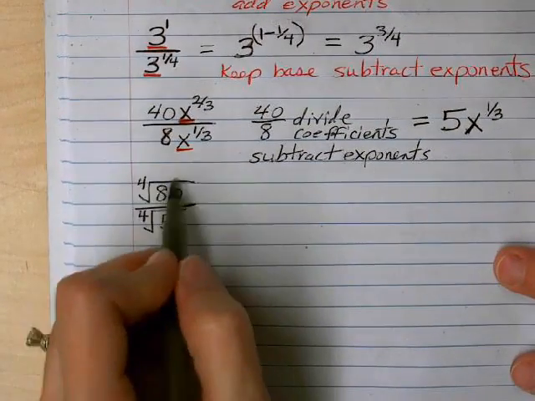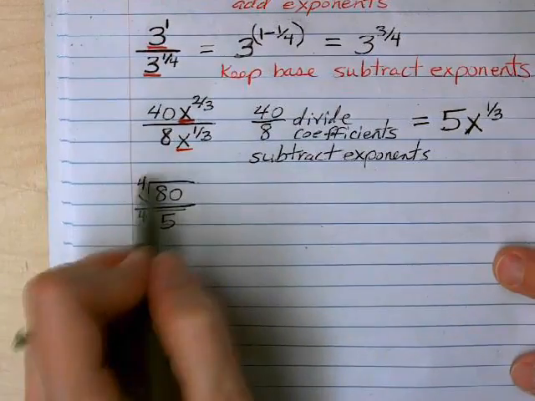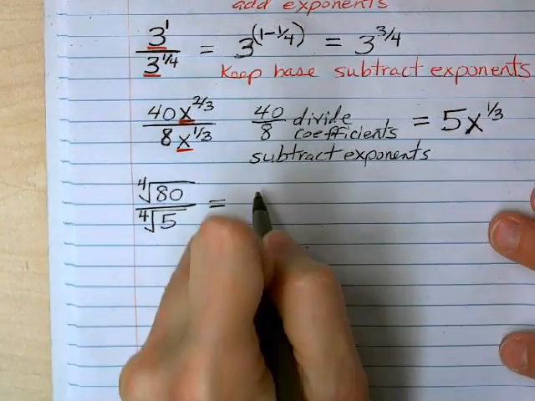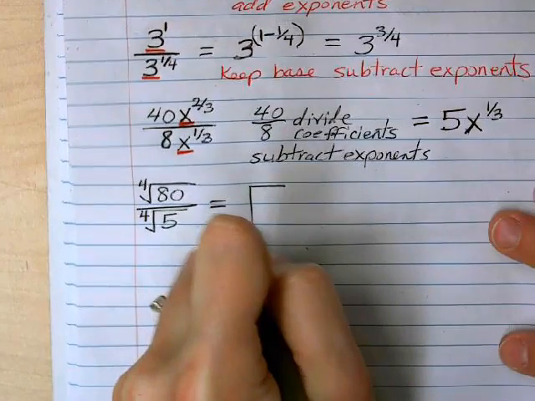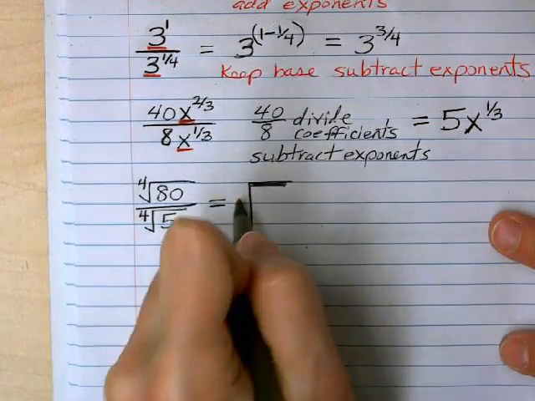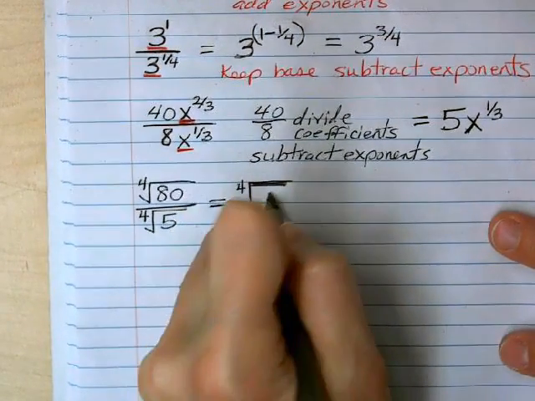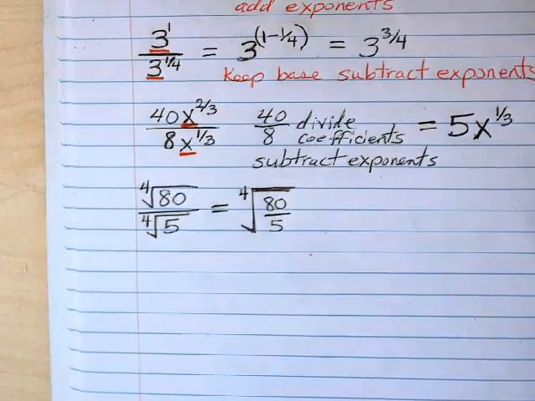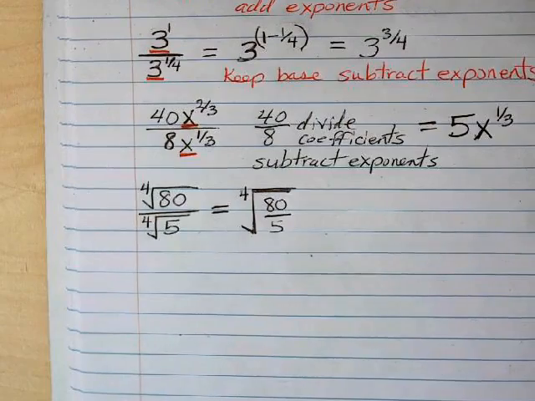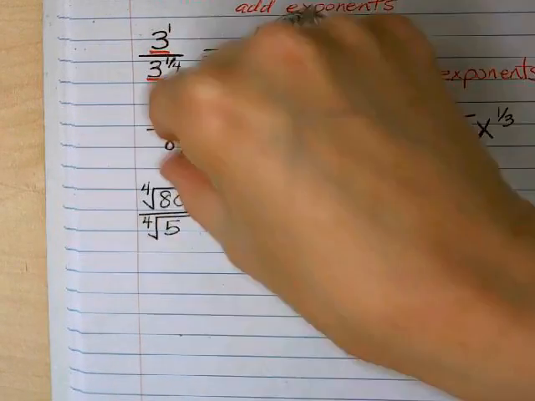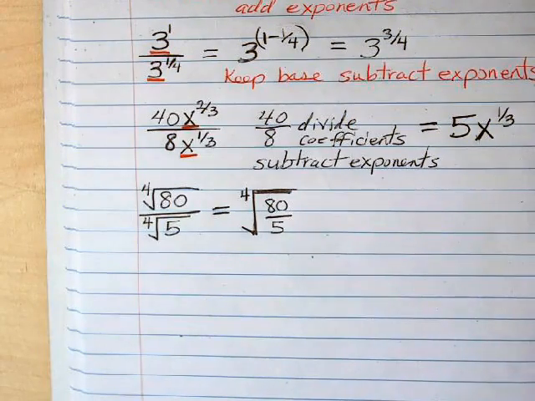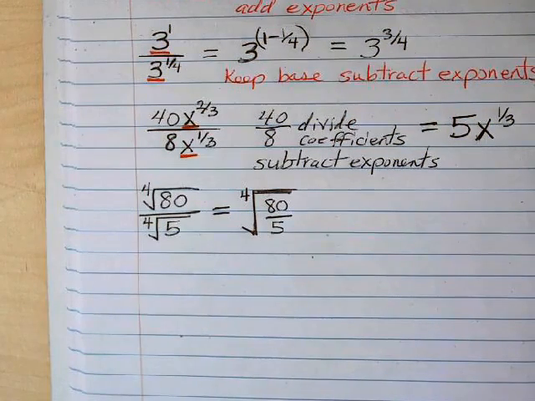See that? They're both in a 4th radical box. So you can actually write the whole thing like a big 4th root around the whole thing, 80 divided by 5. So that's the strategy you want to use on this one: if they're each single radicals, and they're both 4th root, the whole thing is a 4th root.